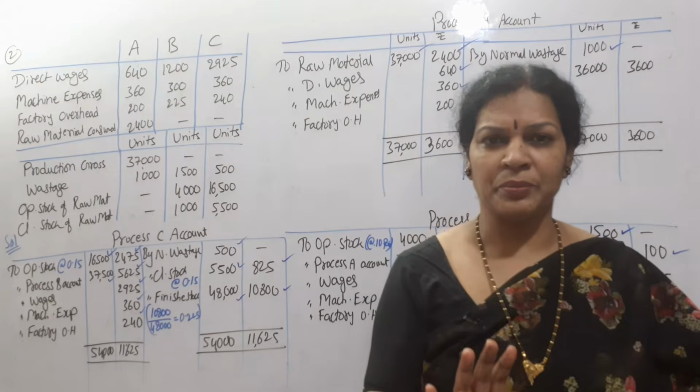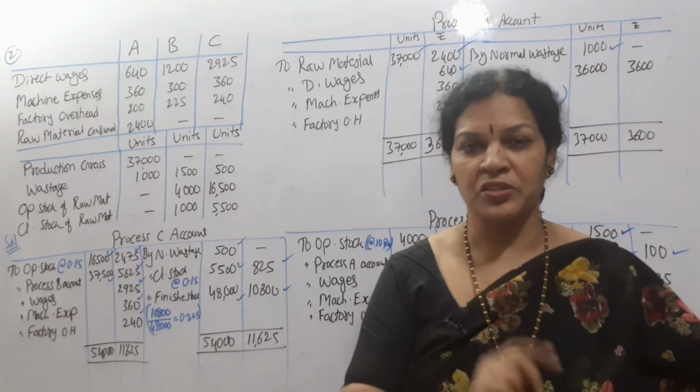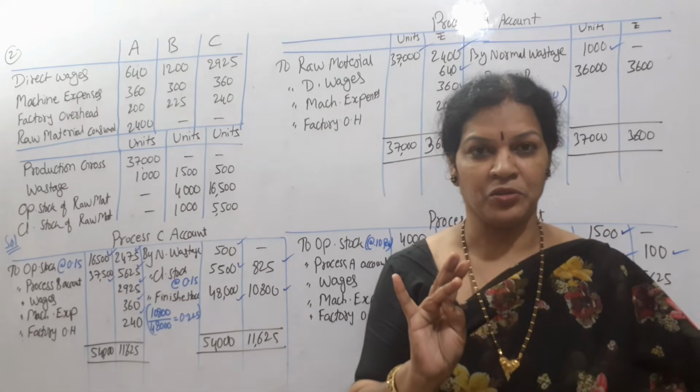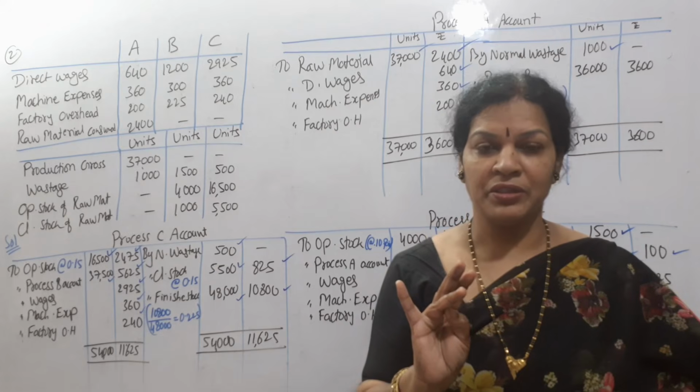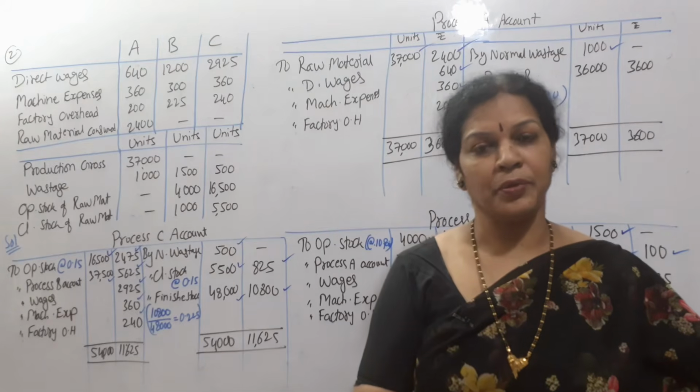This problem is something different from the previous problem. What is important here is that opening stock and closing stock are given, and normal wastage is also given. Normal wastage, whenever it is given, nothing to worry, simply we write it on the credit side of the process account.